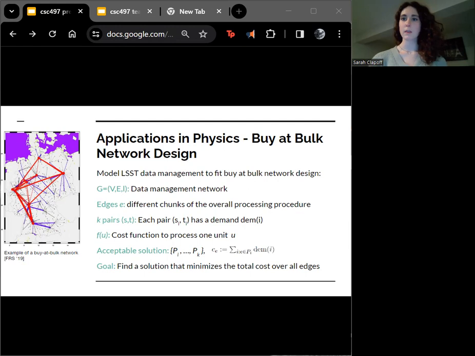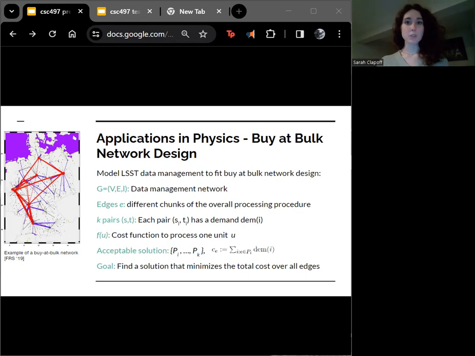We also in our model have a cost function, f of u, and that's the cost to process u units of data. This function is non-decreasing and sub-additive, which means that processing 2 units of data together is going to be cheaper than processing those 2 units separately.